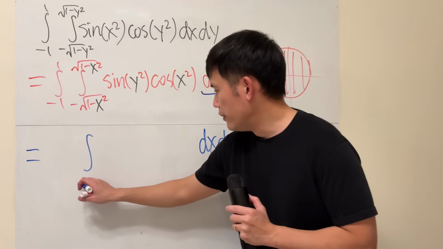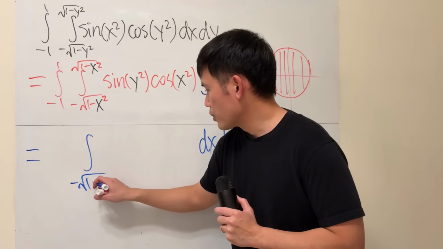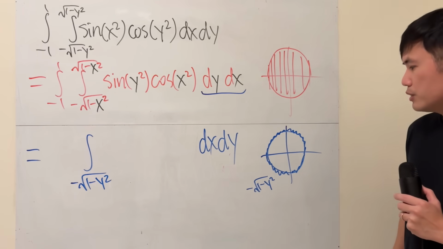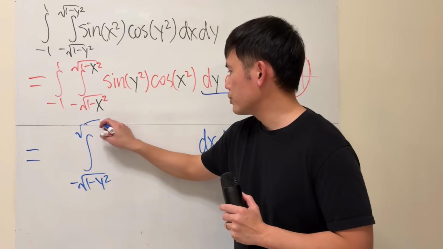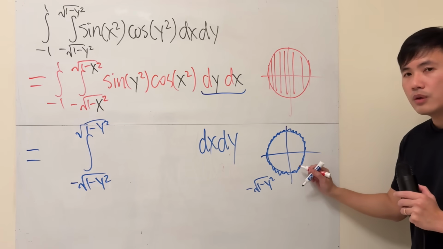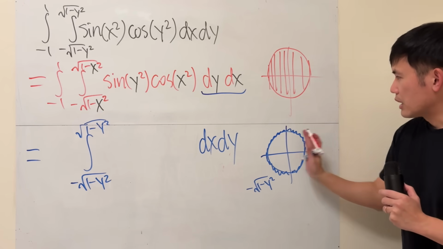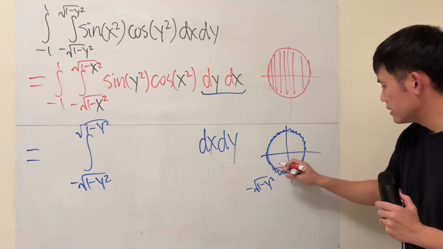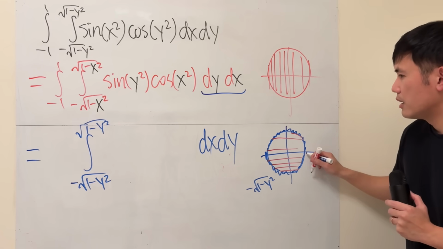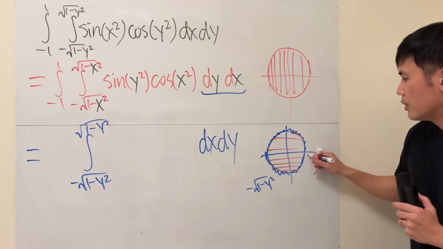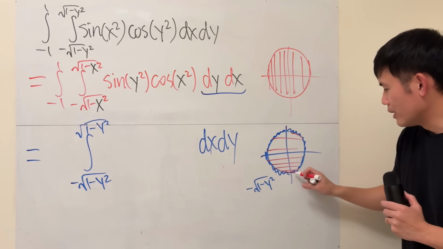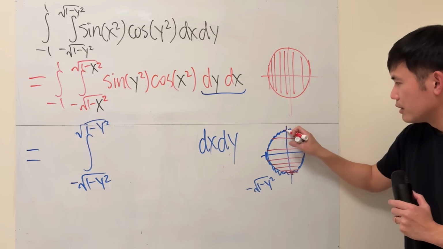So we go from negative square root of 1 minus y squared and up to this portion, which is what? Positive square root of 1 minus y squared. And then we're going to cover it, right? And we want to go from like this. So in terms of the y, because we're in the y world, I need to go from negative 1 to positive 1.